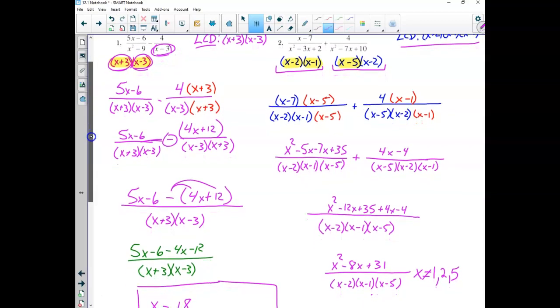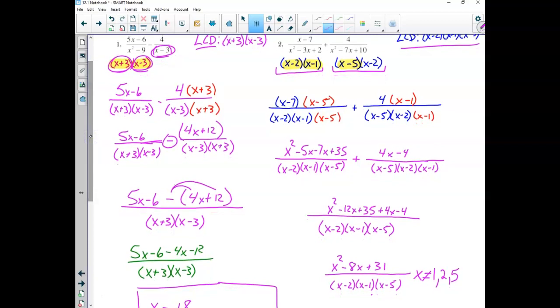Now, I have more work than I really have to show here. To be honest, typically, up here, I would multiply these right above here, and I'd say it's x squared, and minus 5 minus 7 gives me minus 12x plus 35. And then I would call this a 4x minus 4 up here.